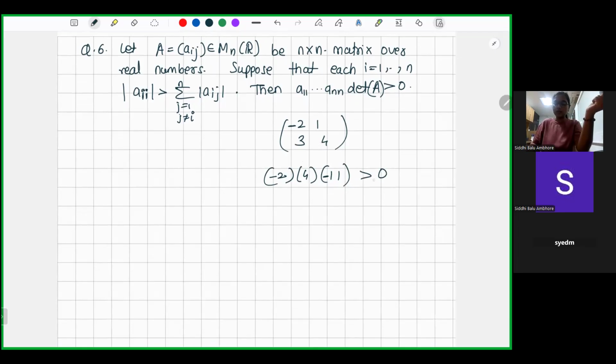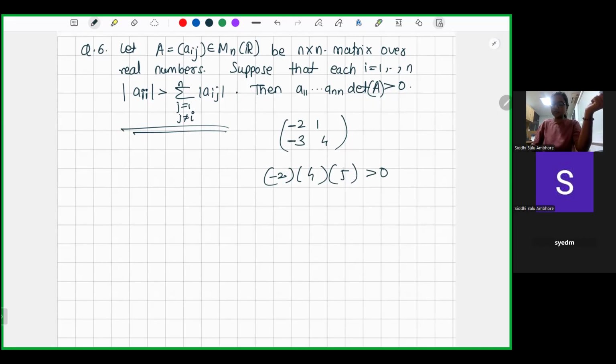And understand that if I add -4 here, the determinant becomes -4. This condition still remains the same because it's modulus, right? So adding a negative to anything won't change much. So this becomes 8 minus 3, that is 5, and still greater than 0. And here again, if I add a minus here, it becomes 4 here, 2, 4.